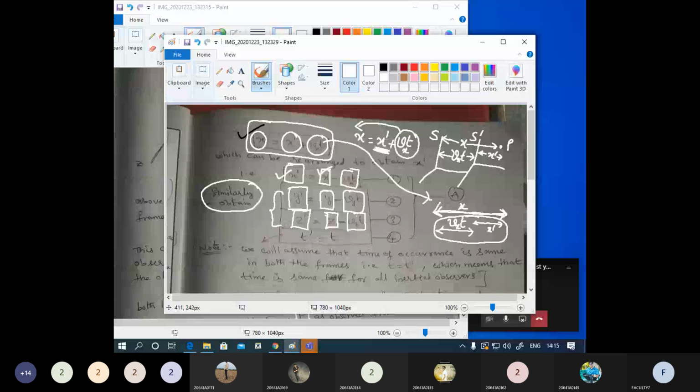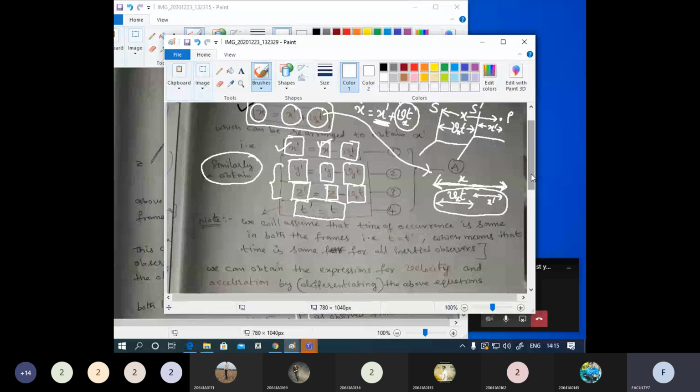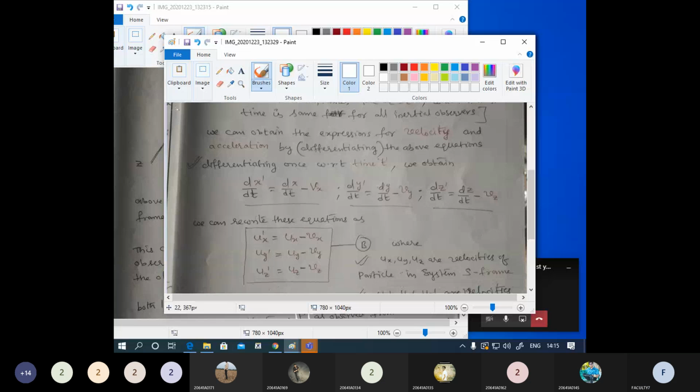Here what I mentioned as time period, here the point, the coordinates, the positions of the axis here.